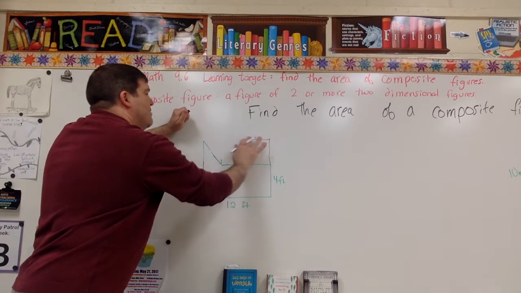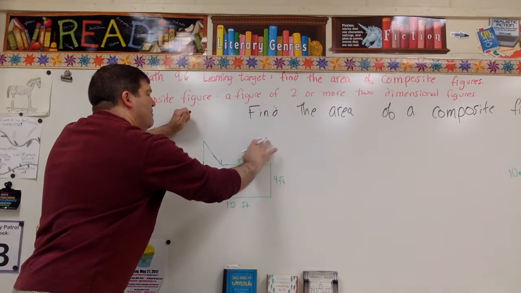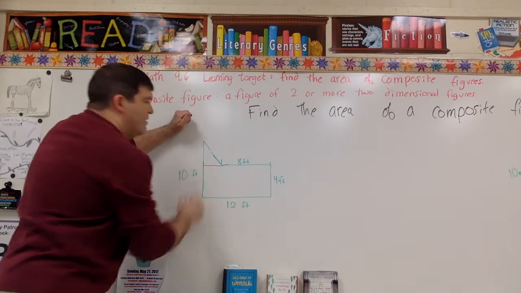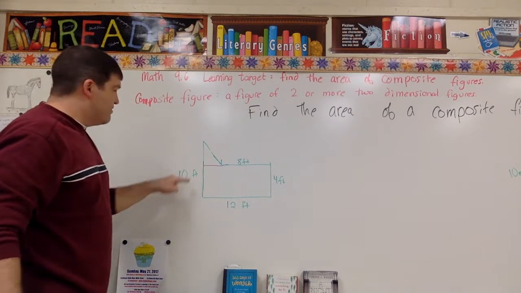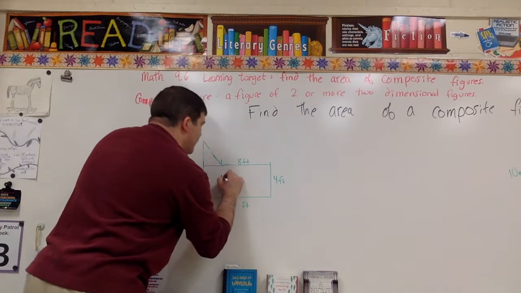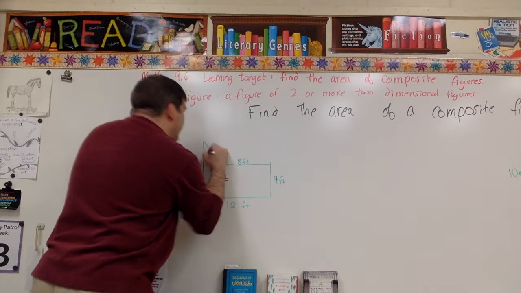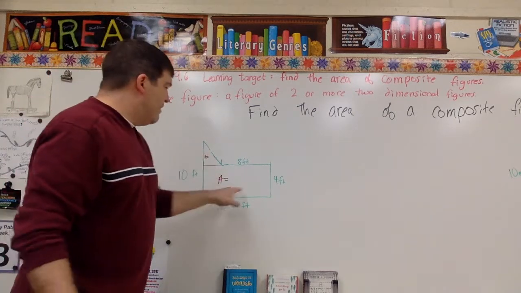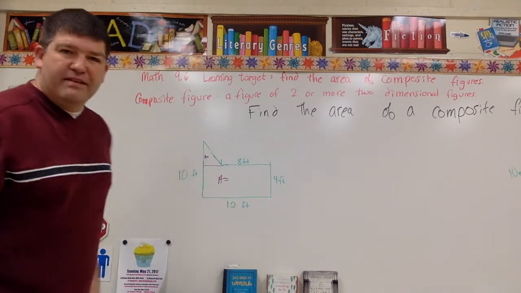But as I'm thinking about it, a little too complicated for me. So instead, I'm going to just go like this. Now I have a triangle here and a parallelogram here. And I can find the area for that, and I can find the area for that. Once I found those two areas, I put them together, I have my area for this whole composite figure.